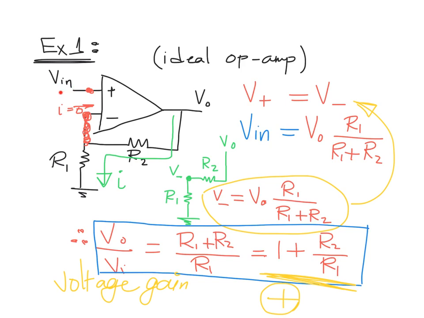To start solving any kind of operational amplifier problem, if it's ideal, we have the first assumption: V plus has to equal V minus, so both terminals should have the same voltage. V plus is already known here, it's equal to Vin, and V minus should have the same value, so Vin will be transferred to the V minus terminal.